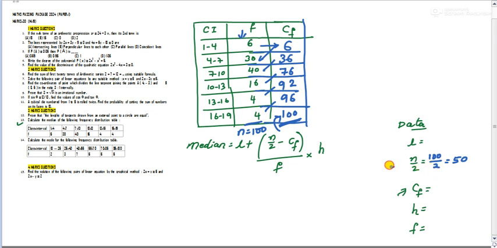Now using this, we are going to get the rest. See, n by 2 is 50. Now in CF, you have to look for two numbers which are nearest to this 50. And the numbers are 36 and 76. The 50 lies between 36 and 76. So the first one is our CF.